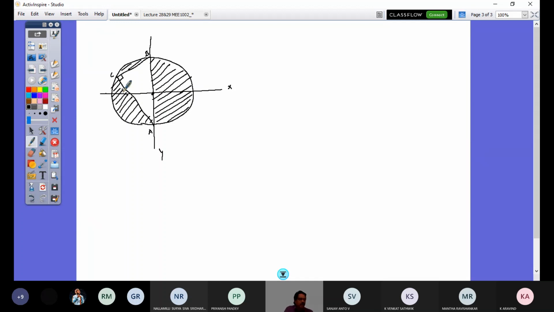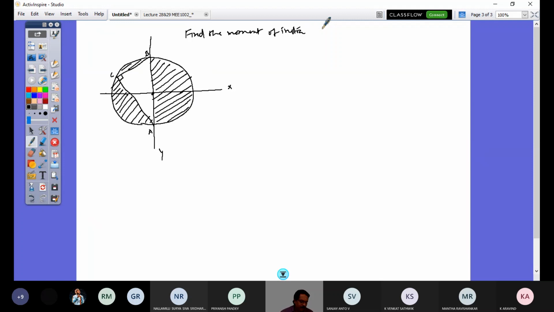So what is the question? The question is this: find the moment of inertia. You will have a similar problem in your CAT examination, right? Not the same geometry, but you would have to work out what I'm going to work out today.